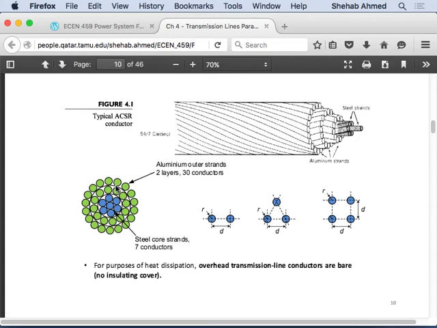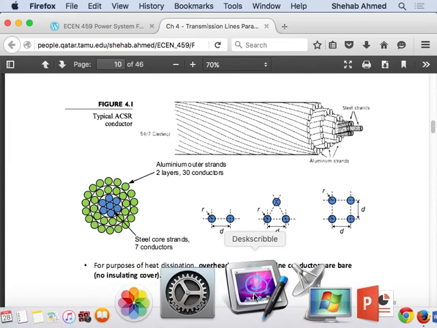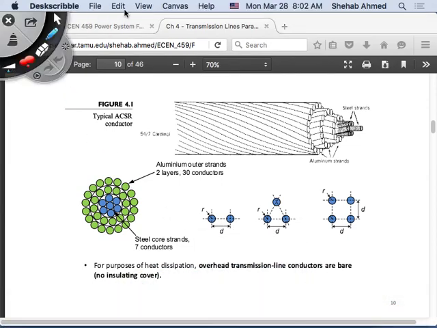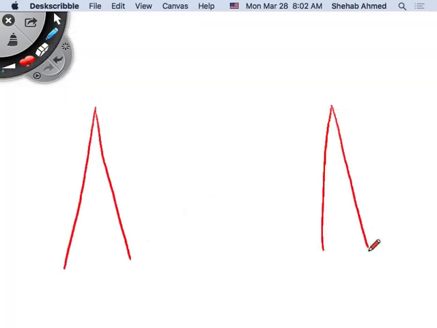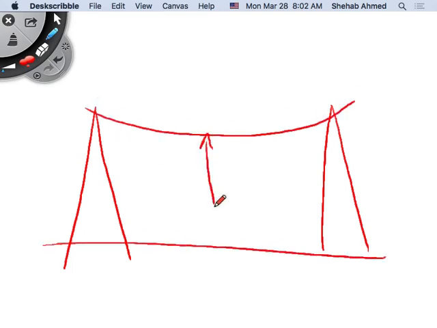So there are strands of aluminum and strands of steel, strands of conducting material. And the steel is to give you the reinforcement or the strength required to prevent conductor sagging, which is a major consideration. So it's a new word that we did not use before, but sag refers to the distance between the conductor and ground.